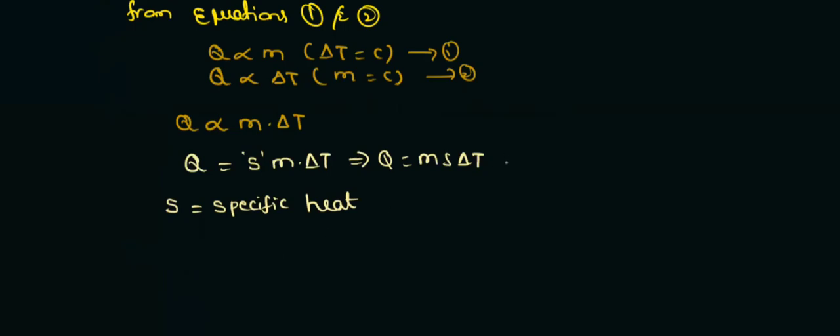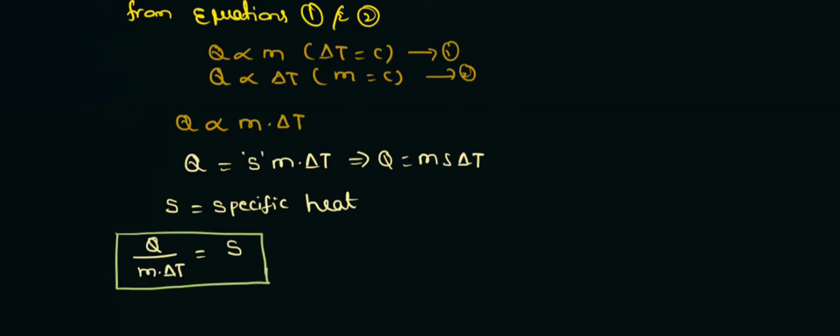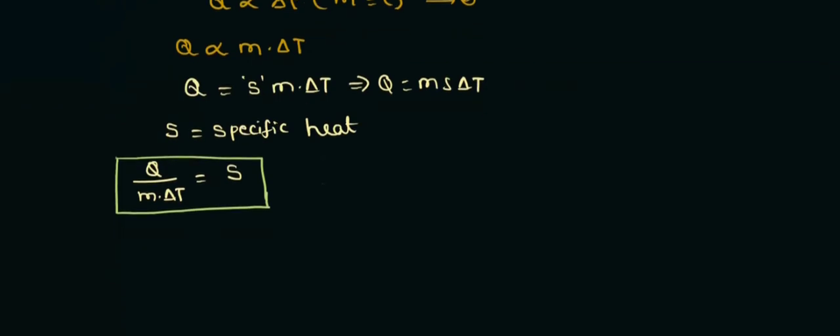How can we write the formula and units for that? S equals Q by M into delta T. This is the formula for specific heat. And what about units?